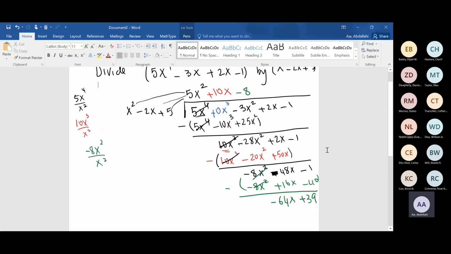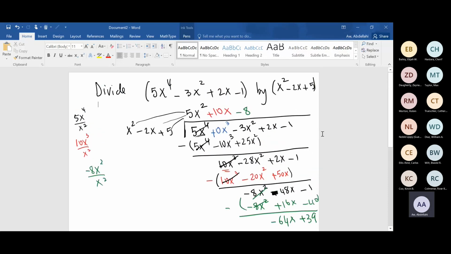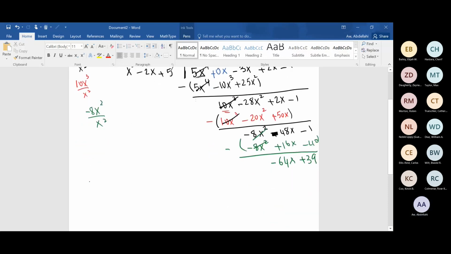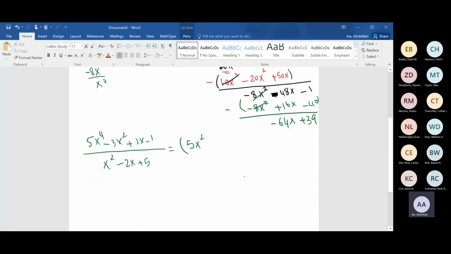So it's going to be 5x to the fourth minus 3x squared plus 2x minus 1 over x squared minus 2x plus 5 is equal to 5x squared plus 10x minus 8, right?